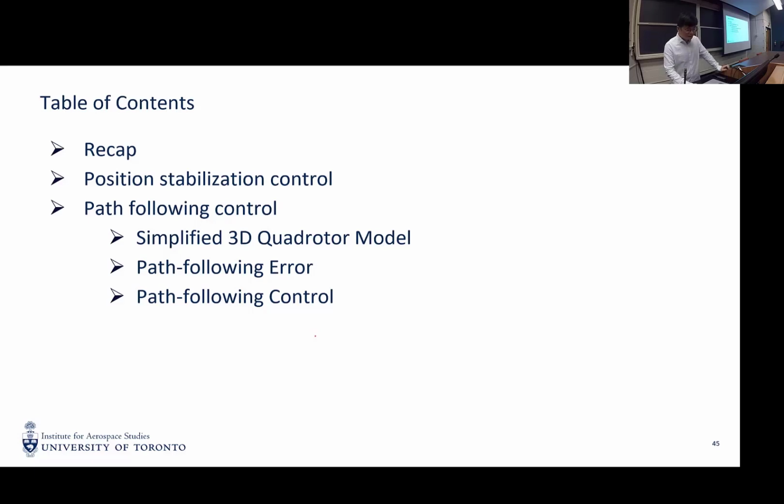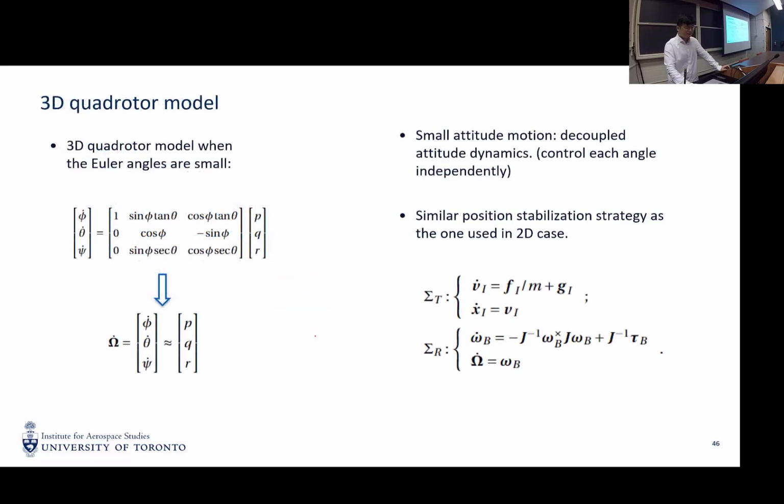Then we proceed to the next topic, called path following control. In the path following control, we consider a little bit more complicated model using 3D drones, but we also make some simplifications. We assume that the quadrotor moves around the equilibrium, so every angle is small.